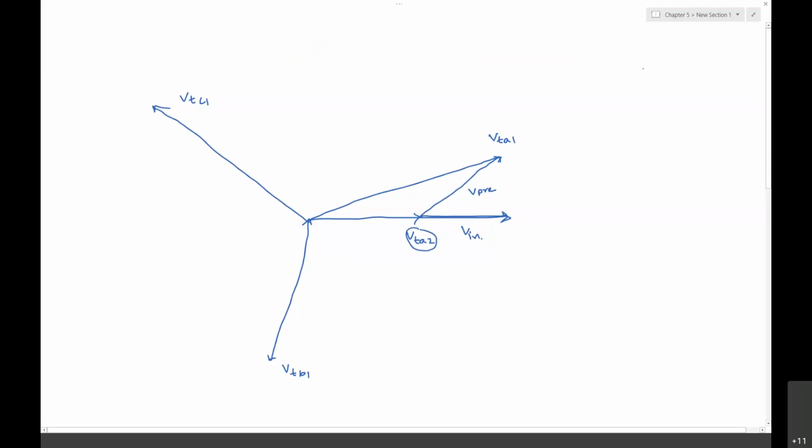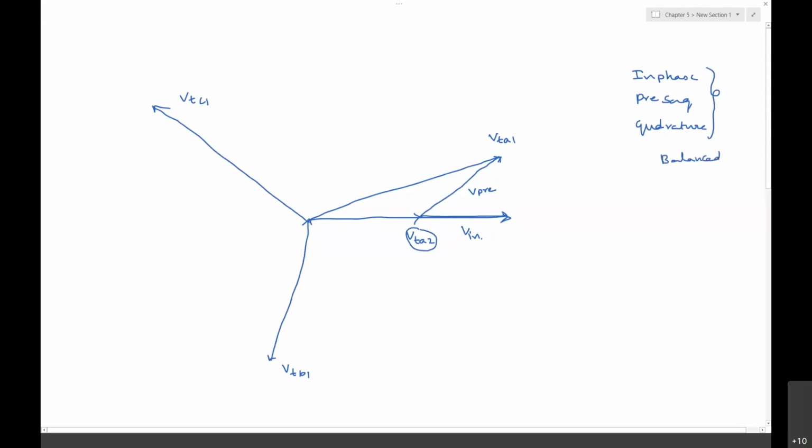So far we have seen the in-phase, the pre-sag compensation and the quadrature compensation. The quadrature compensation explanation is with respect to the balanced voltage sag alone.